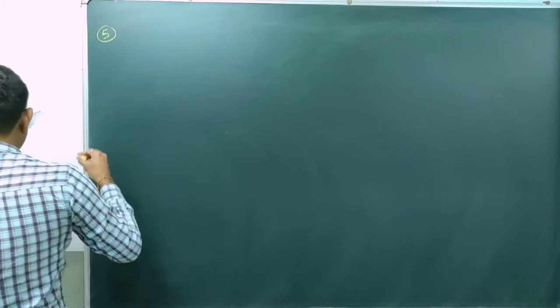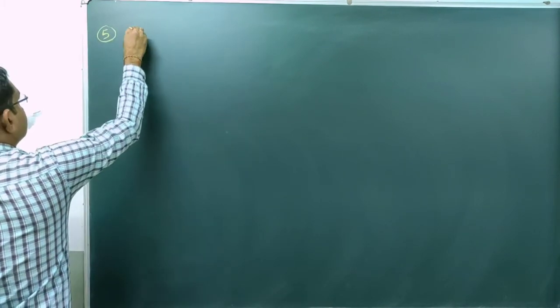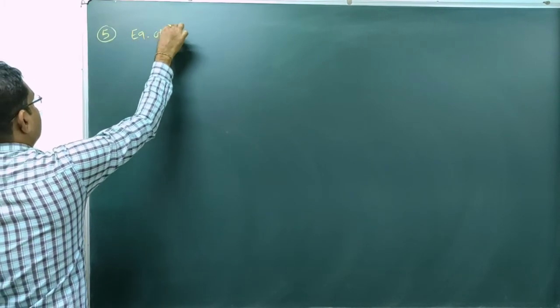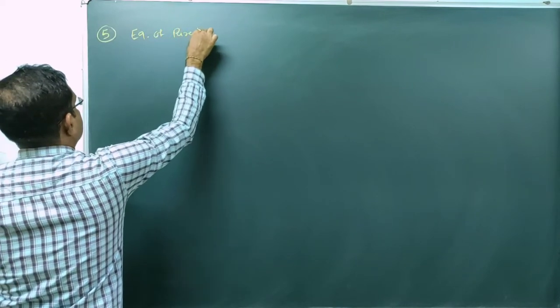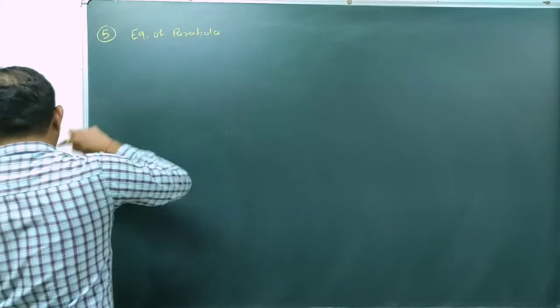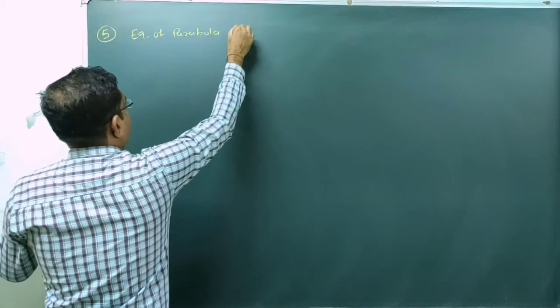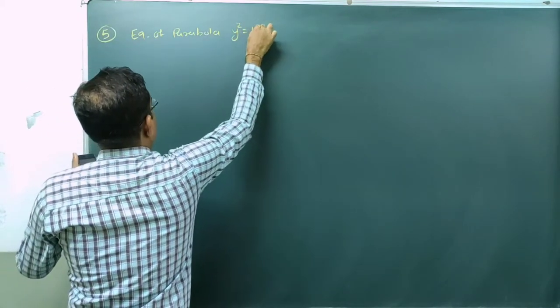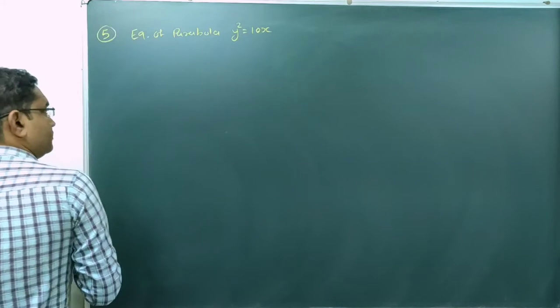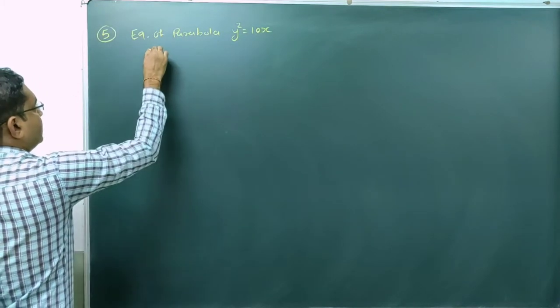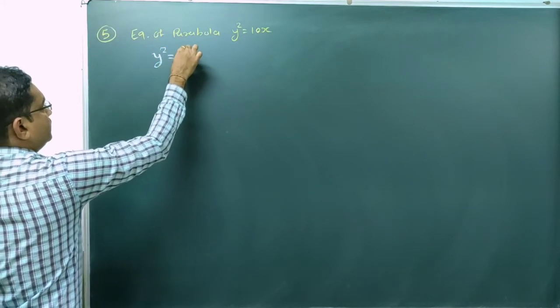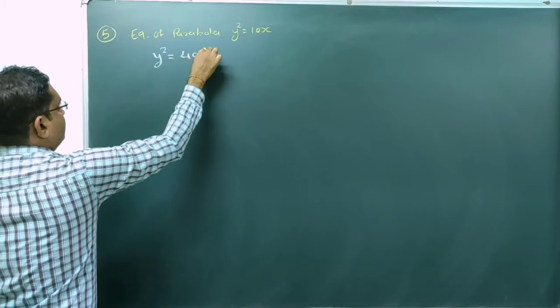Question number 5. Here the equation of parabola is y square equal to 10x. तो बोलो स्टूडेंट्स कौन से फॉर्म में है, अभी फटाफट करना है. y square equal to 4ax form.